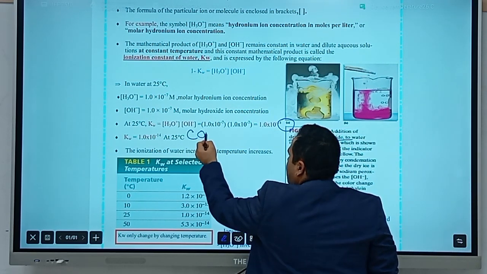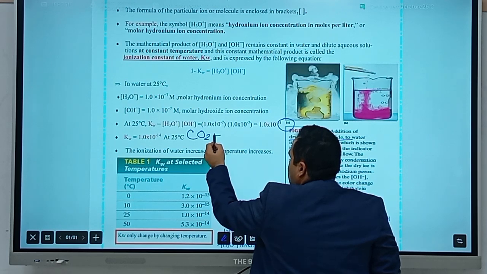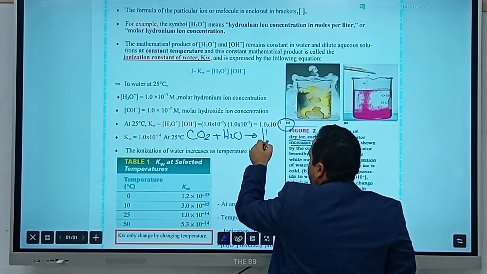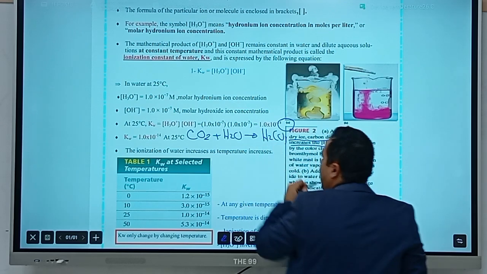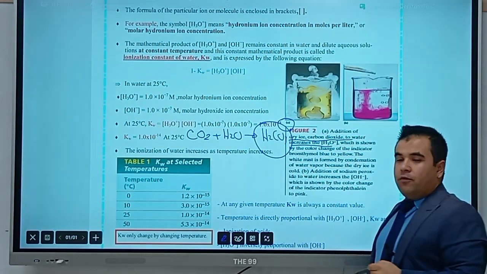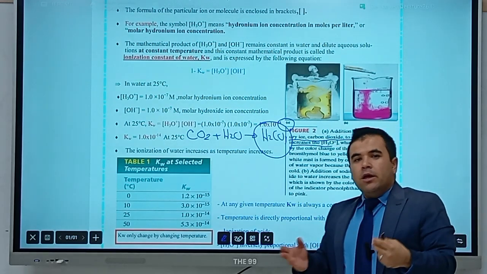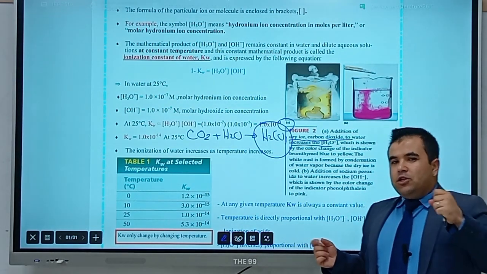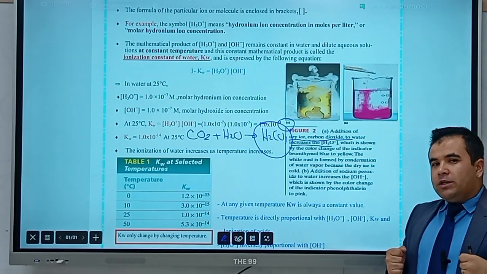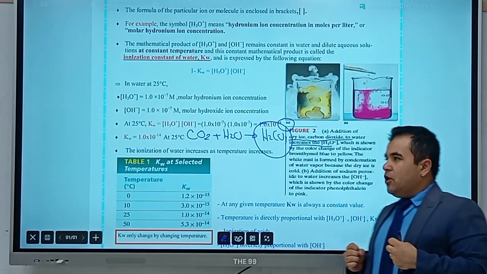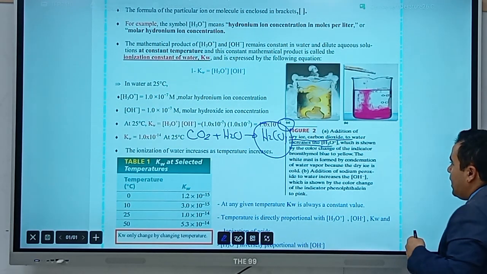When, guys, carbon dioxide, which is the dry ice, reacts with H2O, the result is H2CO3, carbonic acid. You know that the formation of a carbonic acid in a medium increases the hydronium concentration. So addition or reaction of dry ice with water increases the hydronium and decreases the hydroxide in the medium and increases the acidity of the medium.